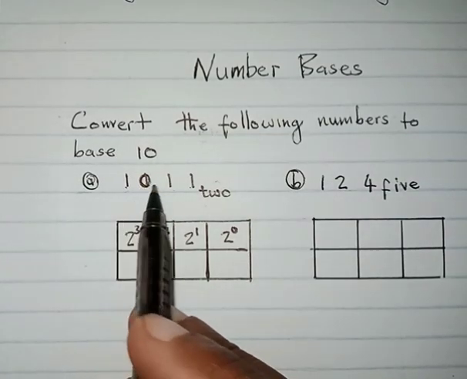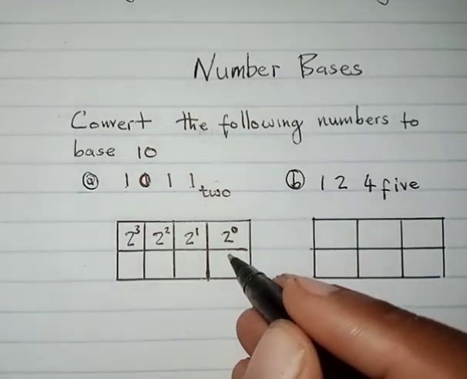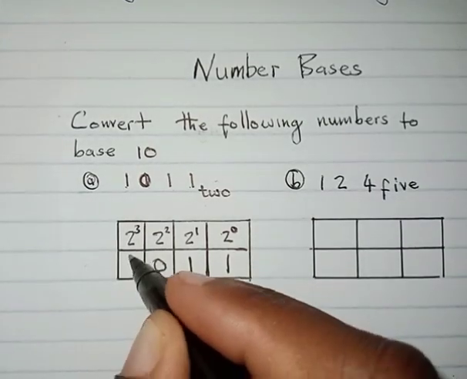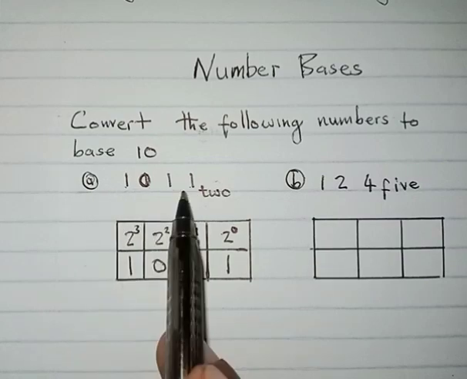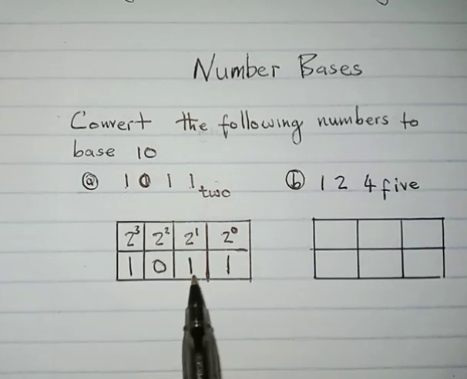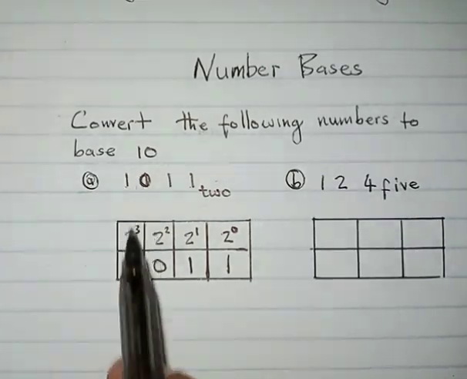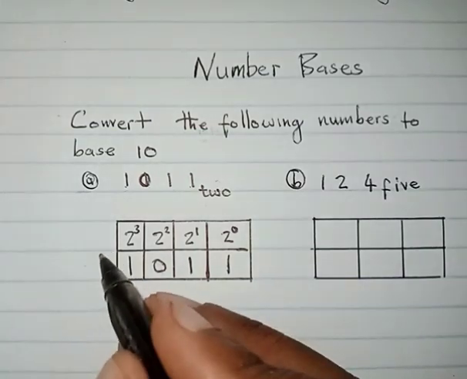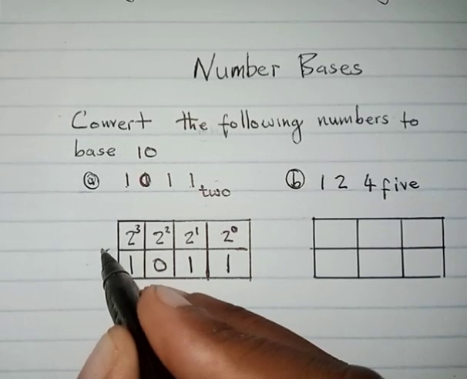That is 1011. So we have 1, 0, 1, 1 in the boxes. Then the next step is to simplify by multiplication.